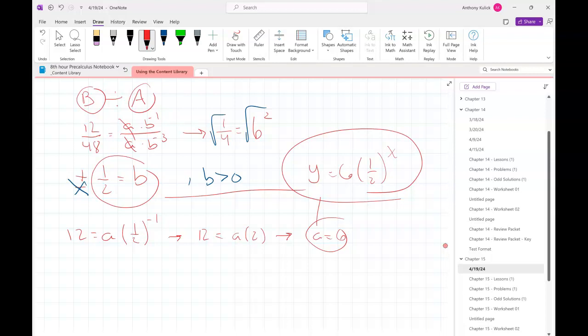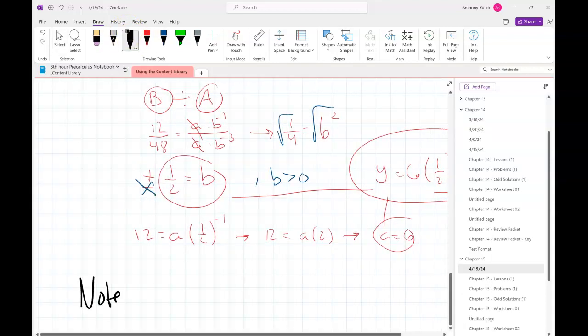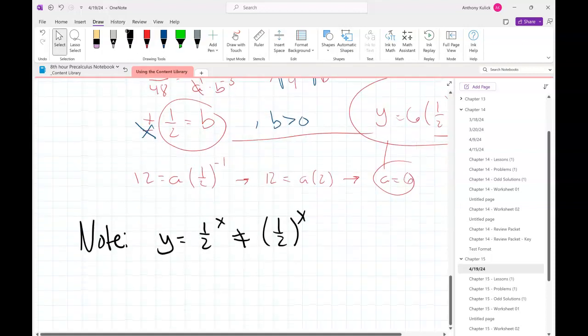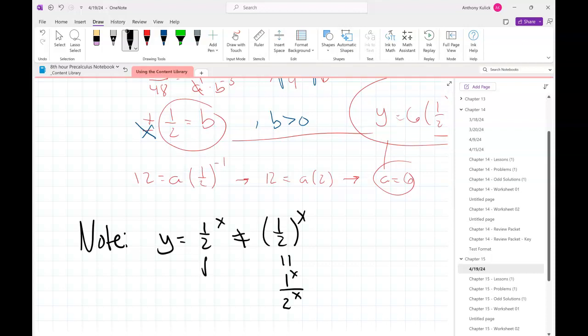Okay. Now I want to make a note here, because when I have an exponential that involves a fraction, it's really important that I put a parenthesis around the fraction. The reason is this is 1 to the x over 2 to the x.